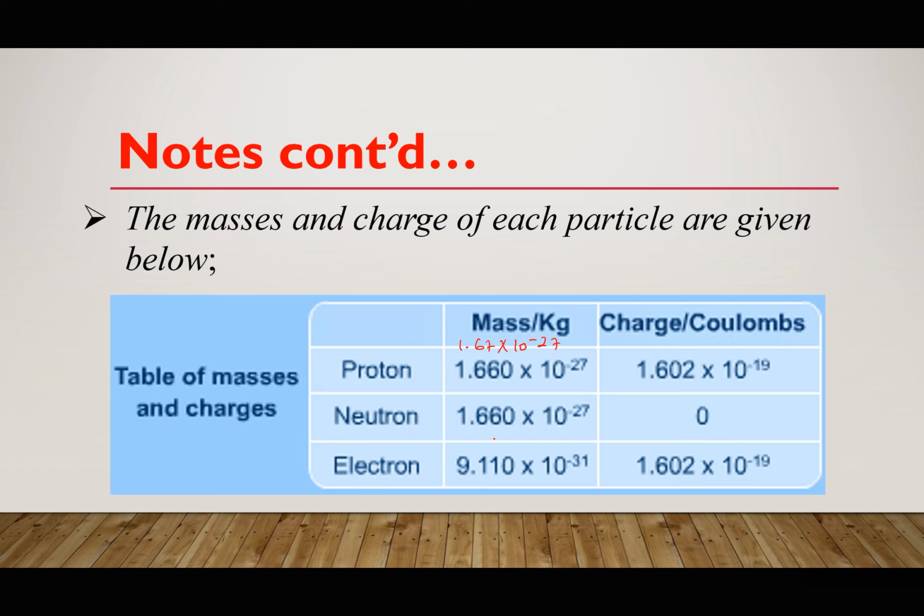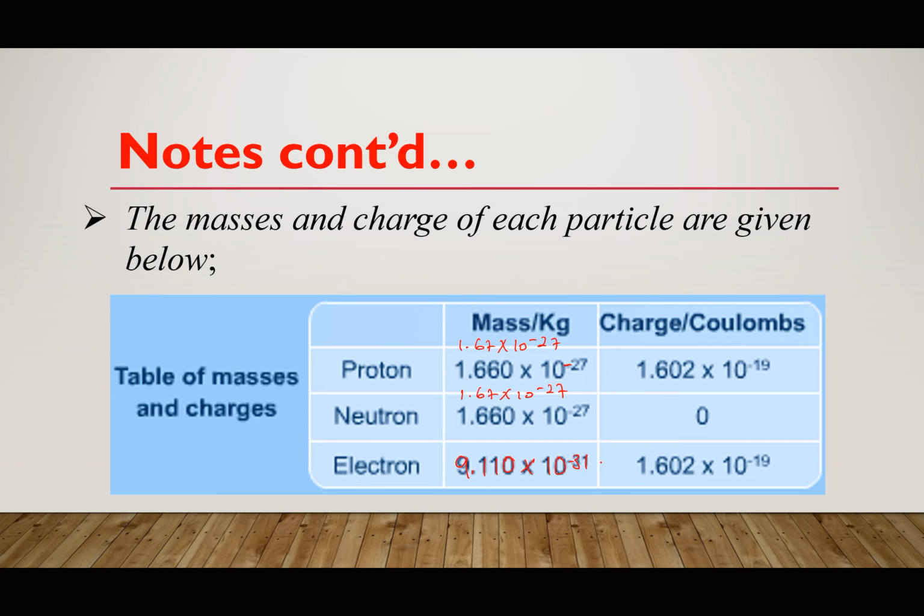The mass of the neutron is also 1.66 times 10 to the power of minus 27, quoted in some books as 1.67 times 10 to the power of minus 27. The mass of the electron is 9.110 times 10 to the power of minus 31 kilograms.